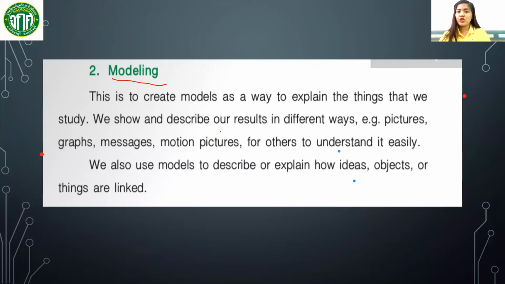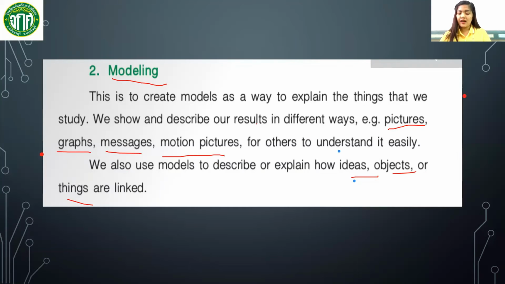We show and describe our results in different ways, such as pictures, graphs, messages, motion pictures for others to understand it easily. We also use models to describe or explain how ideas, objects, or things are linked.